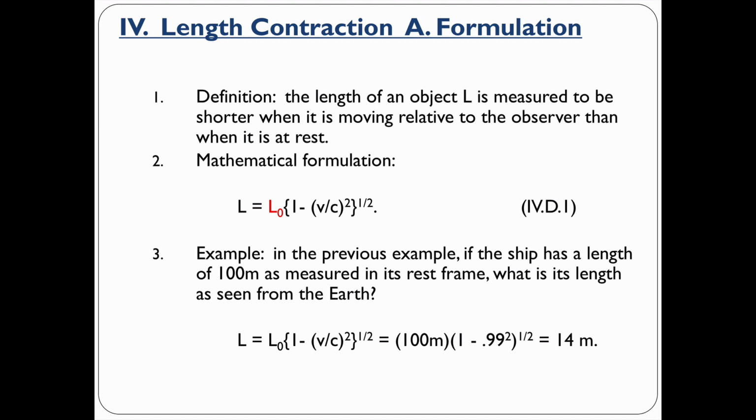In some ways it sounds like it's the actual length, but it's the length that you measure when you're at rest with the object. The length that you measure is equal to L naught times the square root of 1 minus beta squared. L naught is what you would measure if you're right next to it and not moving.